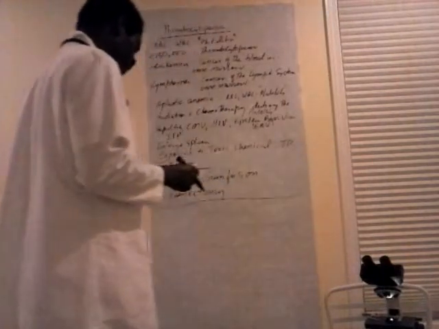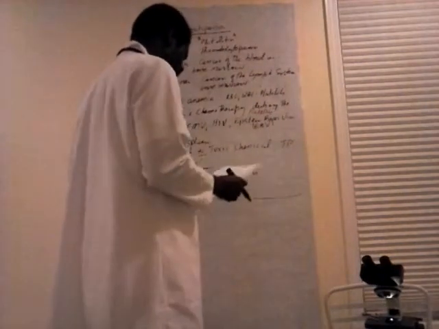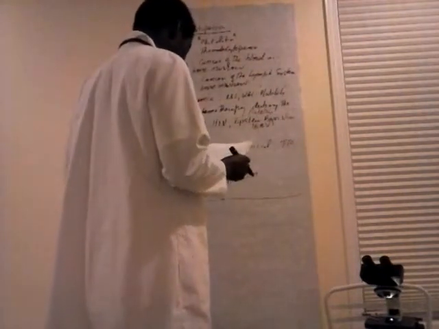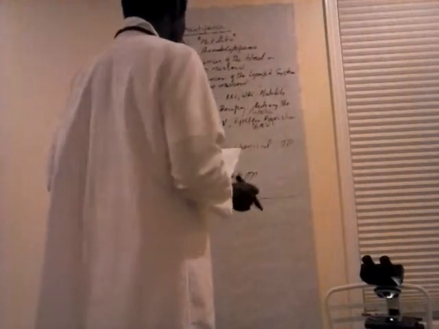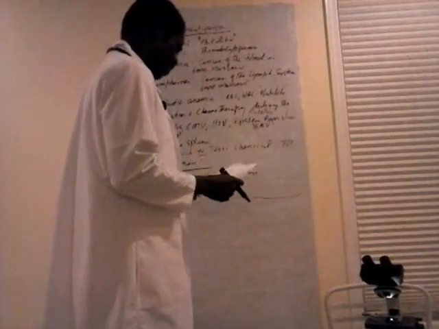We examine the skin for these petechiae, red, purple, and brown spots. We examine the body for continuous bleeding, or the signs and symptoms of high fever and nausea.